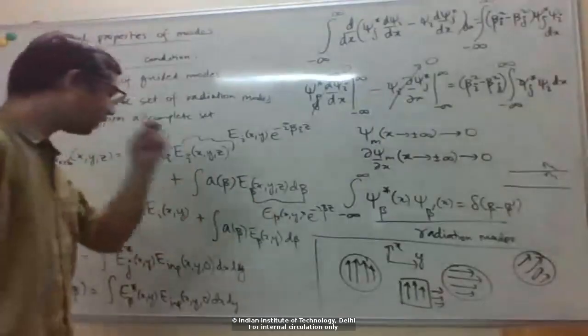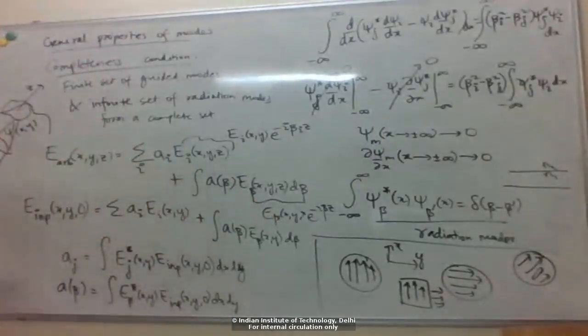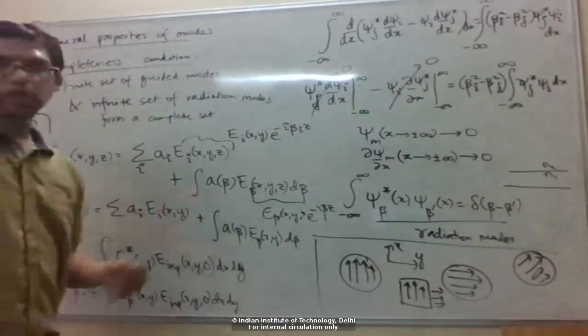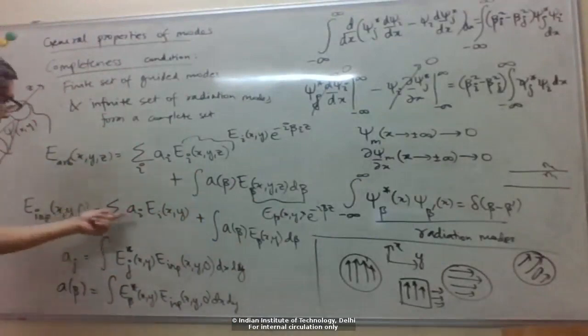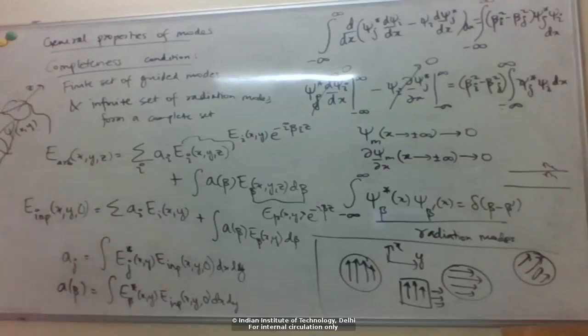And also I can write the radiation modes like that. So for any input field profile, I can calculate what are the coefficients here, which means what are the powers in each particular mode. So I basically get the fraction of power that is excited in each mode.